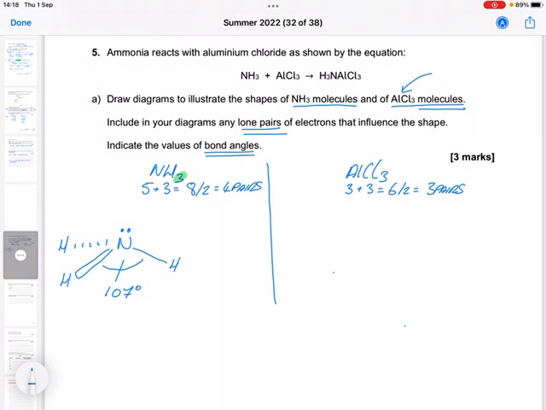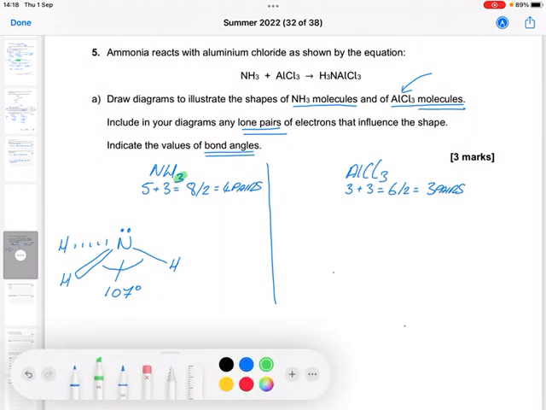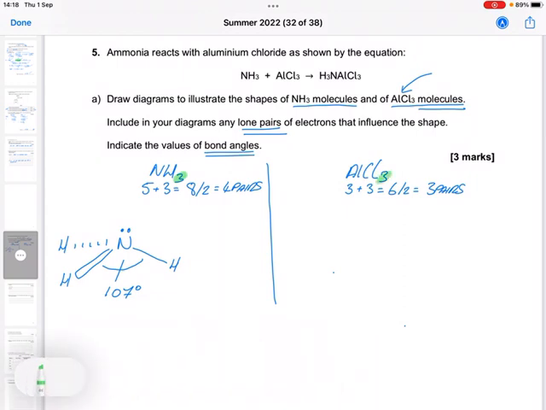I have 3 single covalent bonded chlorines on there, so they're all bonding pairs here, which means that the shape of this is going to be trigonal planar. So chlorine, chlorine, chlorine, and the bond angle here then is going to be 120 degrees.